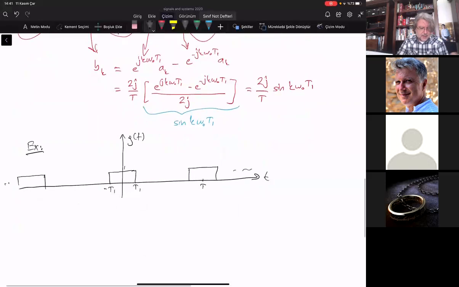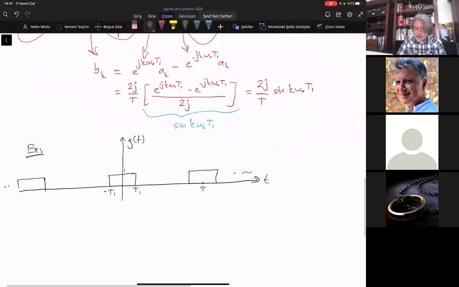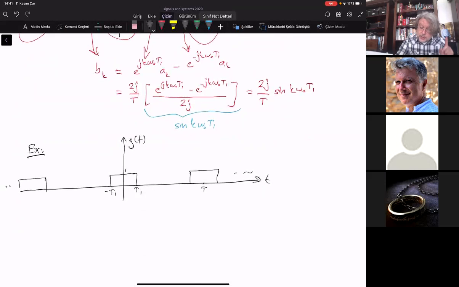G of t is the integral of Q of t. Oh, sorry, Q of t is the derivative of G of t.